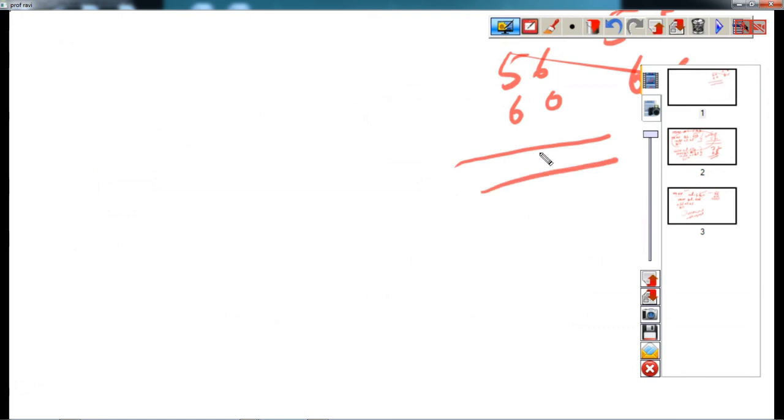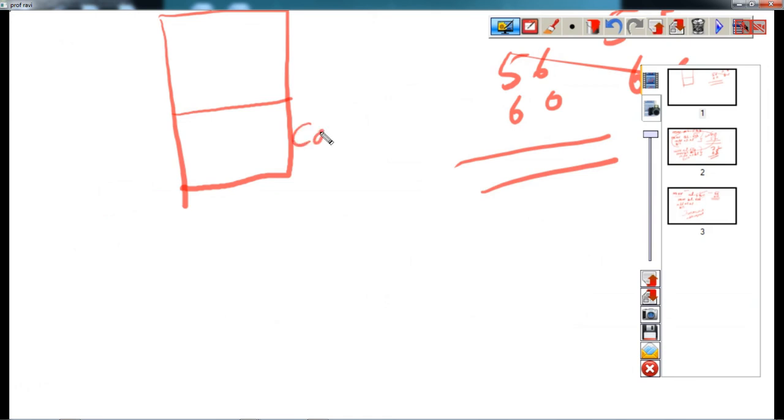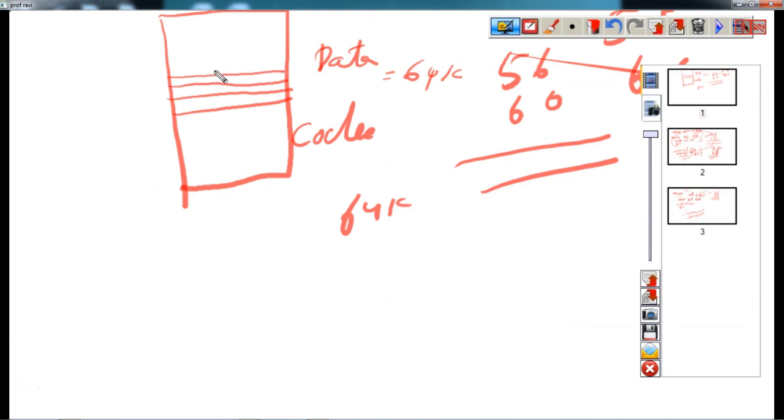Then what I do with these 2 bytes is this. The memory is divided into a code segment and a data segment. The code segment is 64K and the data segment is also 64K. Then I copy my data somewhere in the data segment of memory.